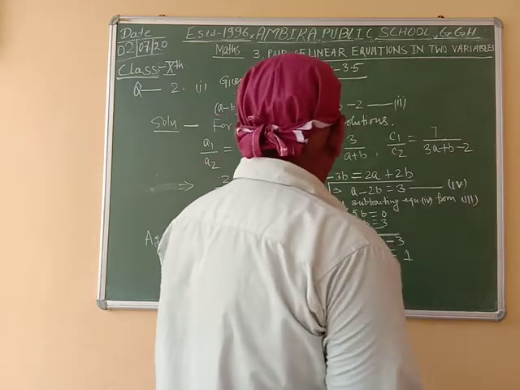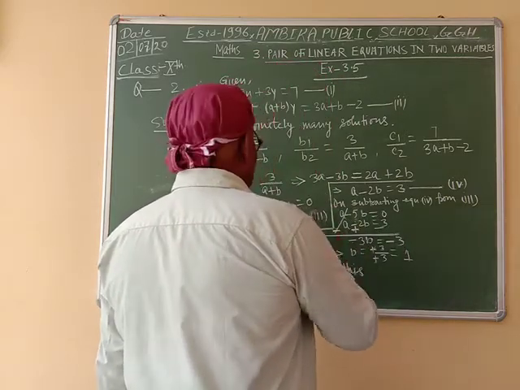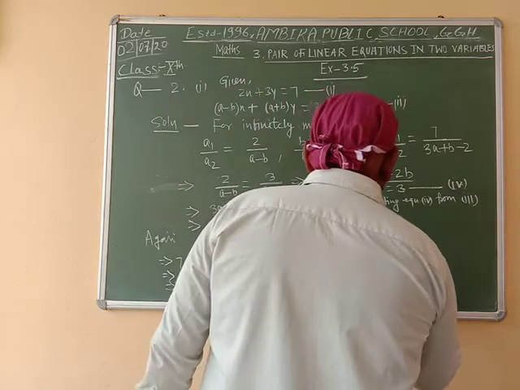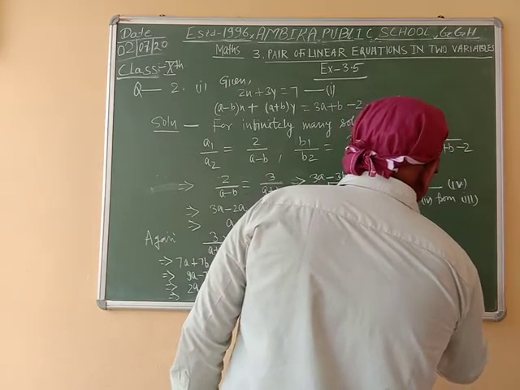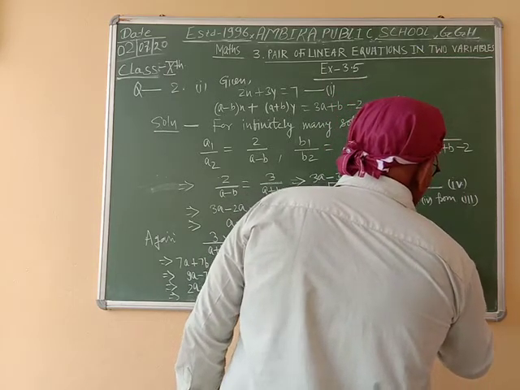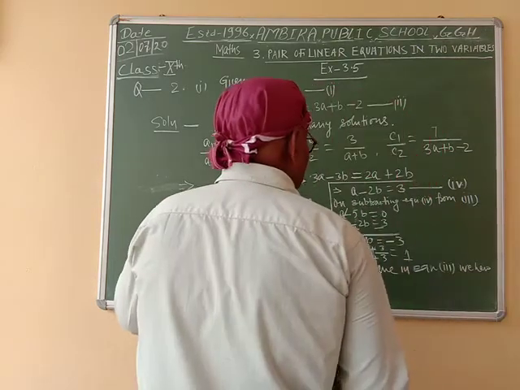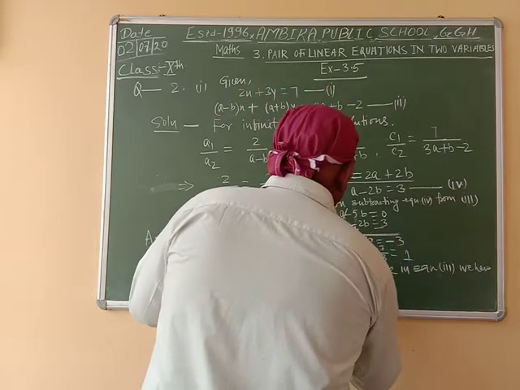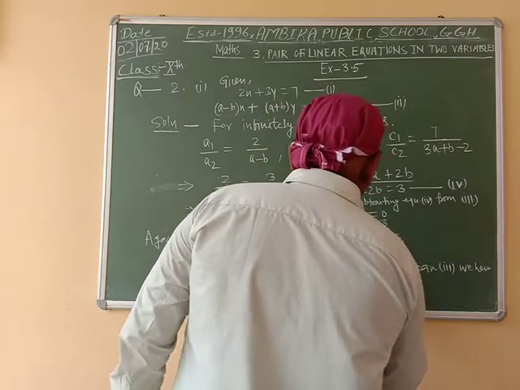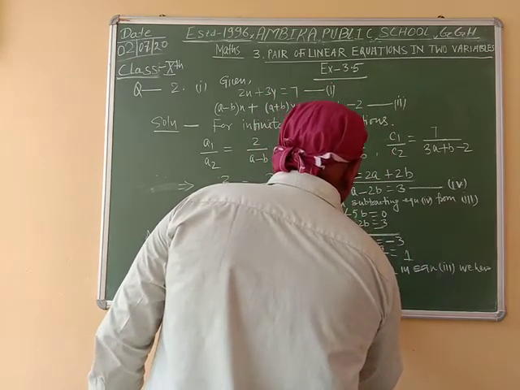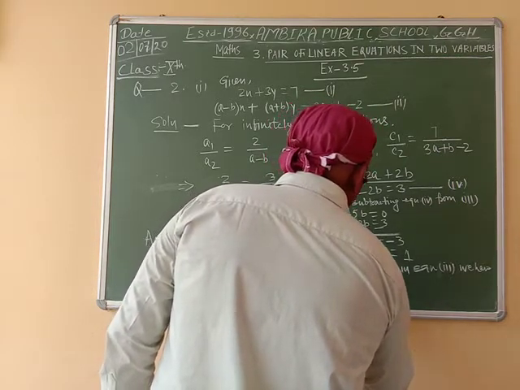Now putting this value in equation 3 or 4. Putting this value in equation 3, we have a minus 5 into b, where b is equal to 1, is equal to 0, or a minus 5 is equal to 0, or a is equal to 5.